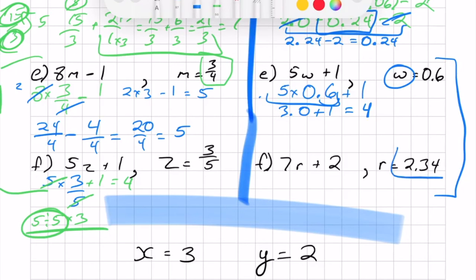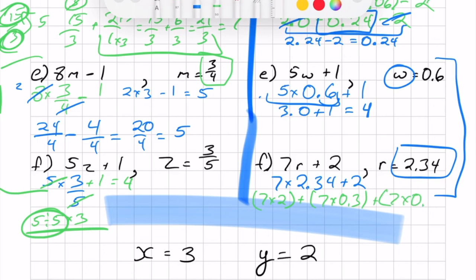I have this one subbing in for the r there, so I have 7 times 2.34 plus 2. Now I like to break it up, plus 7 times 0.3 plus 7 times 0.04.